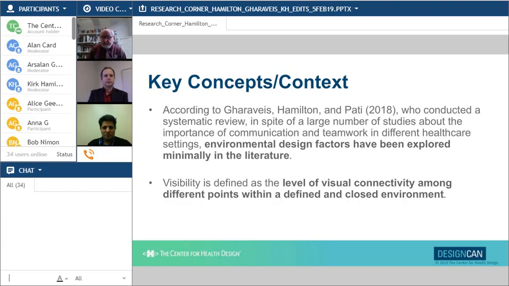What's important is Dr. Garaves' definition. He declares that visibility is the level of visual connectivity among different points within a defined enclosed environment. The defined enclosed environment here is any of the emergency departments under study, and the connectivity he's using software to determine where the visibility from one location within the plan to another is possible.